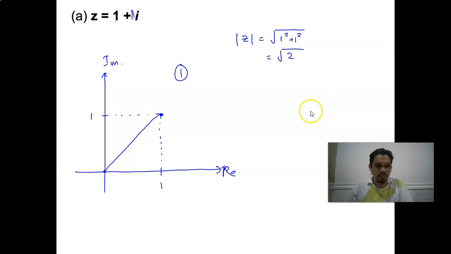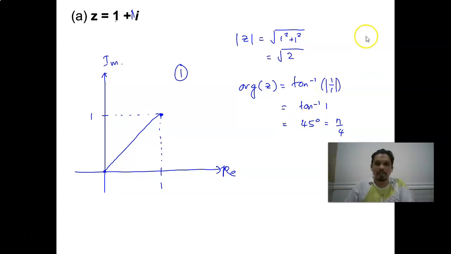In the first quadrant, so then the argument of Z equal to arctangent of 1 over 1, okay, equal to arctangent of 1. You may use a calculator for this one. It gives you 45 degrees or pi over 4.